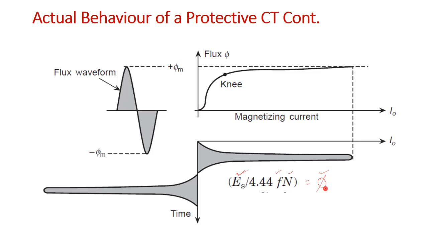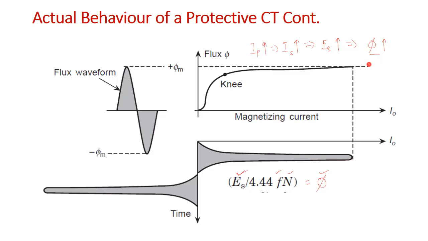Therefore, when your external fault is happening and IS is increasing, as the primary current is increasing, your secondary current is increasing, and in that way your ES is increasing, leading to an increase in the flux, right?